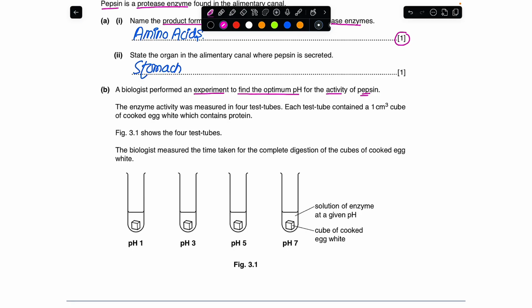How they performed the experiment was that these biologists took a total of 4 test tubes, and in each of the test tubes they added 1 cm cube of cooked egg white, and that cooked egg white has proteins in it.